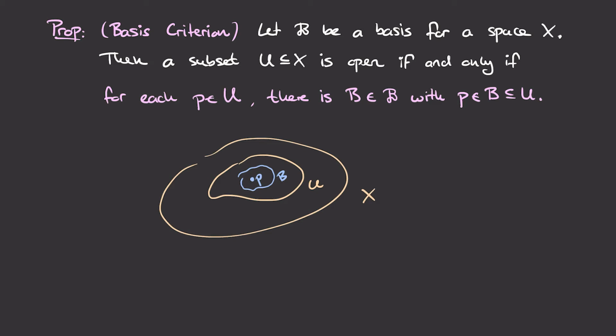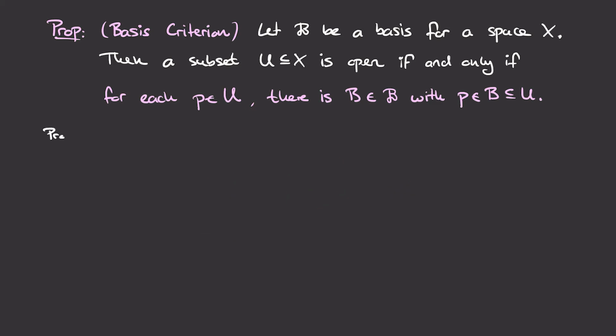Just to clarify, if X is the Euclidean space R2, and U is some arbitrary subset of X, then U is open precisely when, for each point P, we can find an open ball B around P such that that open ball lies completely within U. This is one way of defining open sets in Euclidean space, and it uses the basis criterion, which states that defining open sets in this way is equivalent to saying that the open balls form a basis for the topology. Okay, so let's give a proof of this proposition.